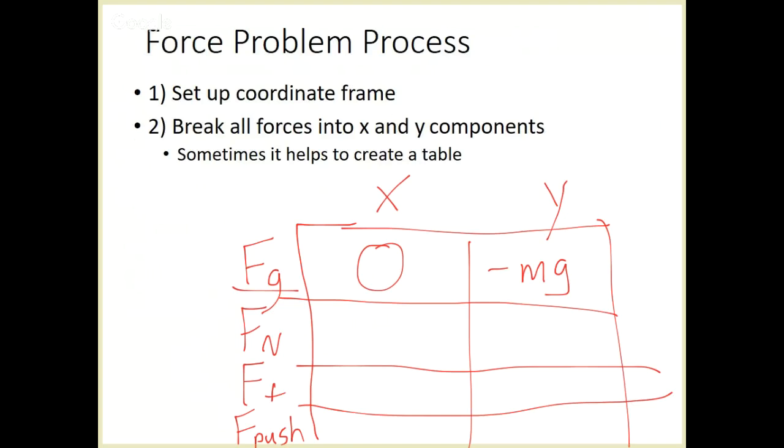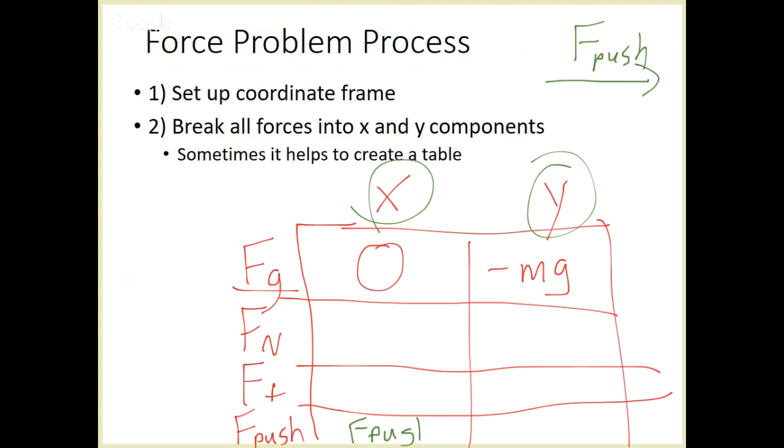When you break your forces into components, ask yourself if they're only in the x or only in the y, slap a 0 in the other one, and those are the easiest to break down. So if I'm pushing something to the right with F push, then I'll call my x component F push, and for that force, my y component is 0.